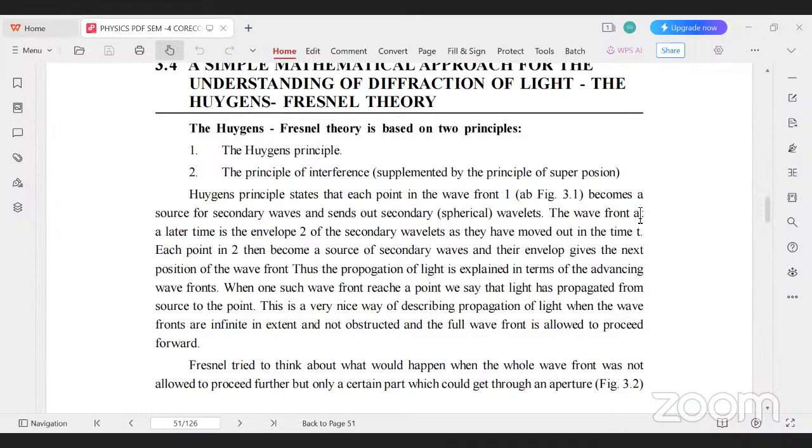When the wavefronts are infinite in extent and not obstructed, the full wavefront is allowed to proceed forward. Friends, think about what would happen when the whole wavefront is not allowed to proceed, but only a certain part gets through an aperture.